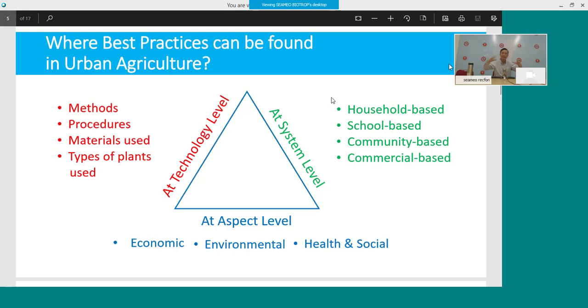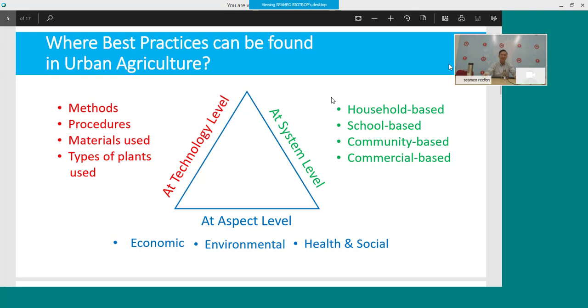So that is the social aspect of urban agriculture. Or it will improve learning in the school because the students are more interested, more motivated, they love working together. That is the social aspect of doing farming together in the school.